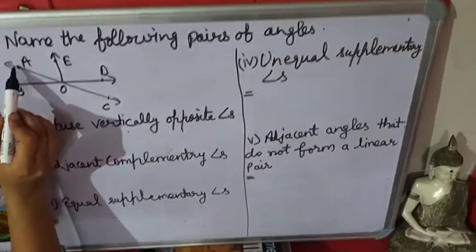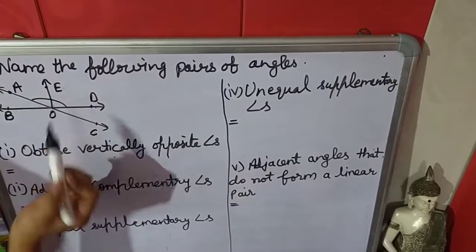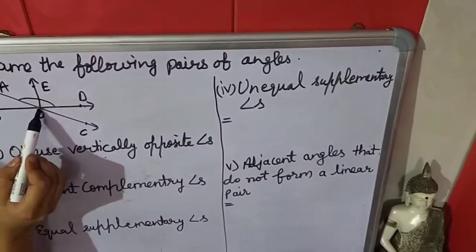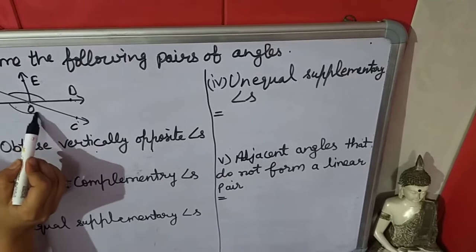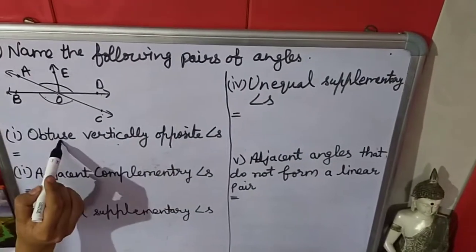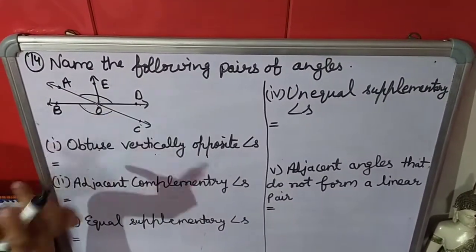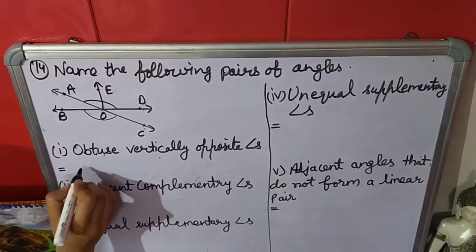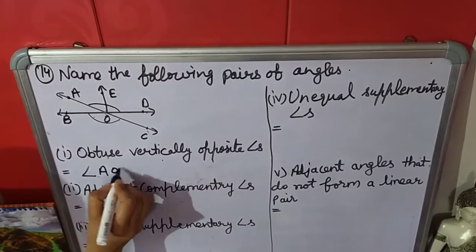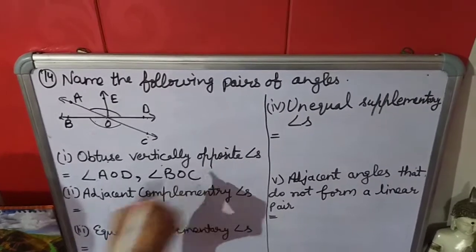If we take angle AOD and angle BOC, both are vertical and both are obtuse, meaning more than 90 degrees. Look at their measurement, you can see from here. So that is angle AOD and angle BOC.